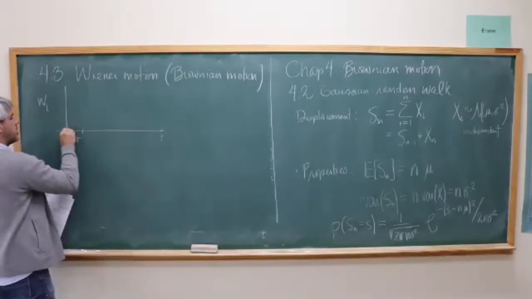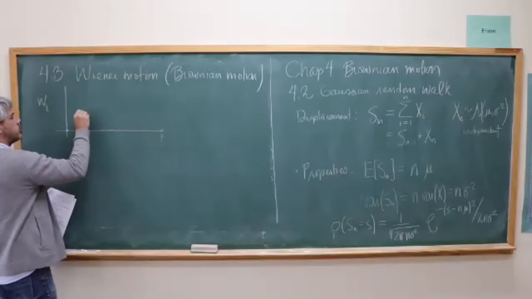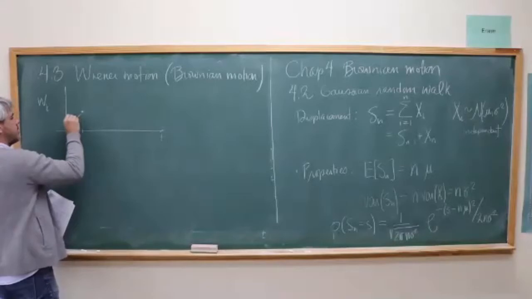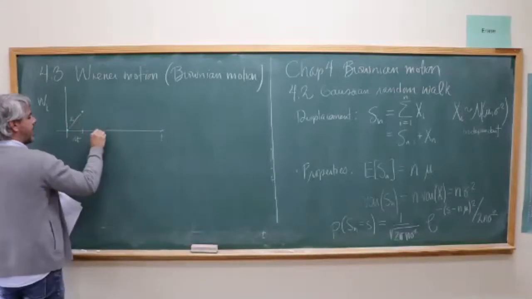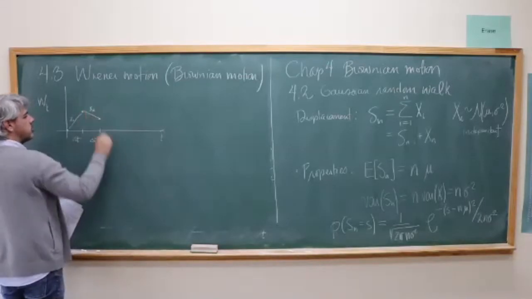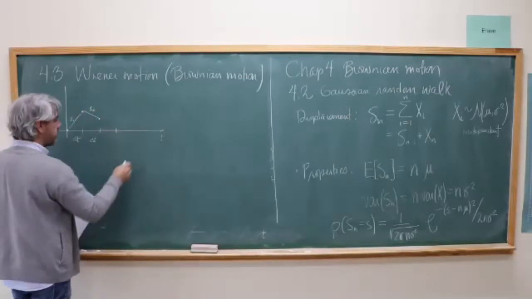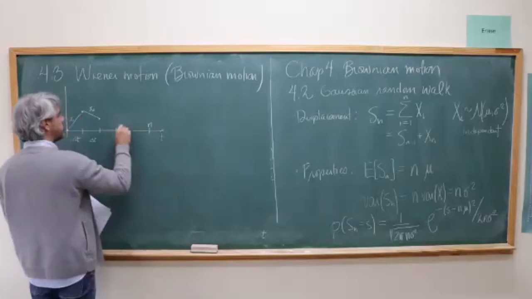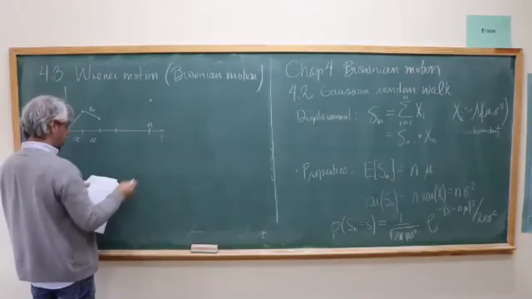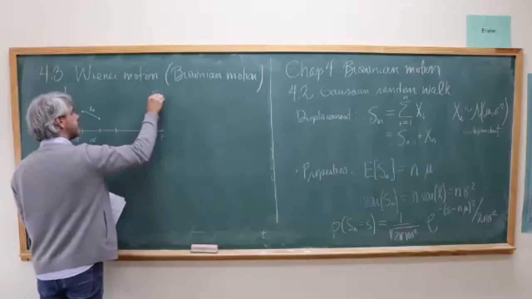So first I'm going to start at 0, and then I'll do a jump here, maybe x1, and then after another delta t, I can do another jump here, x2, and so on. Then I'm going to have n such jumps, and I'm going to end up somewhere here. And that's my Sn. Okay?